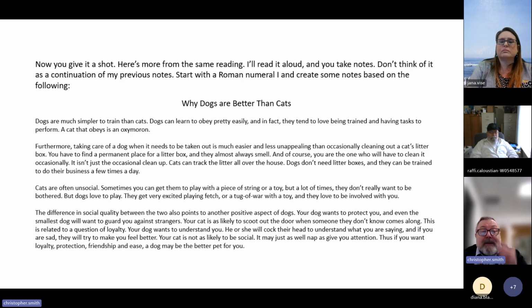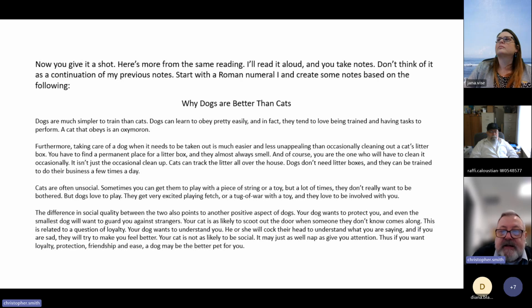You have to find a permanent place for a litter box, and they always smell. And of course, you are the one who will have to clean it occasionally. It isn't just the occasional cleanup. Cats can track the litter all over the house. Dogs don't need litter boxes, and they can be trained to do their business a few times a day.